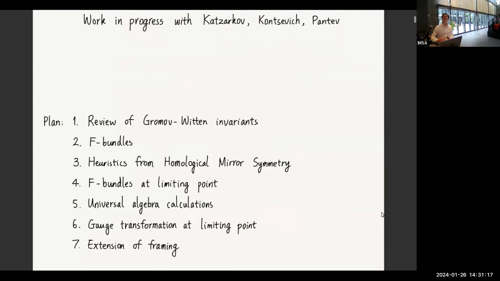So I will start by setting up the notations for Gromov-Witten invariants, and reviewing again F-bundles. Then I will quickly go through the heuristics from homological mirror symmetry, which suggests this blow-up formula.